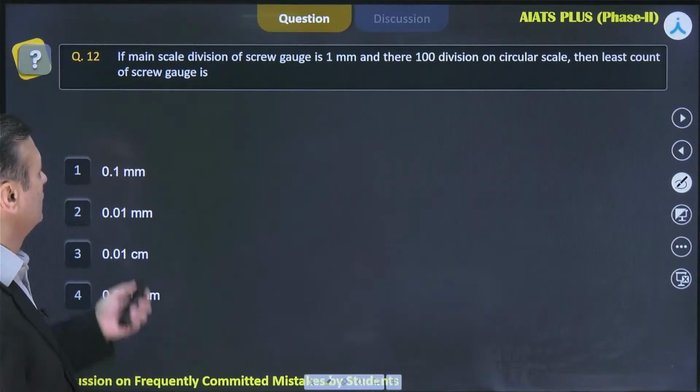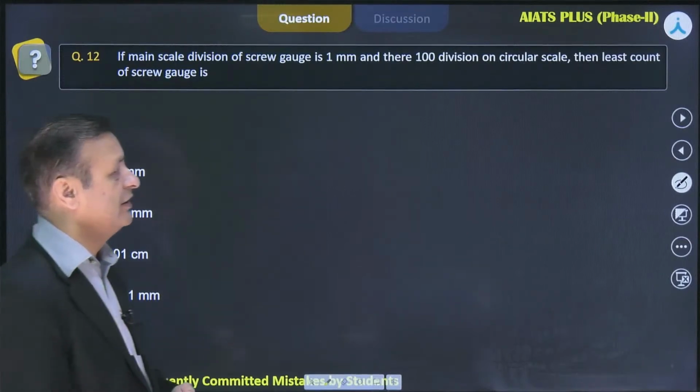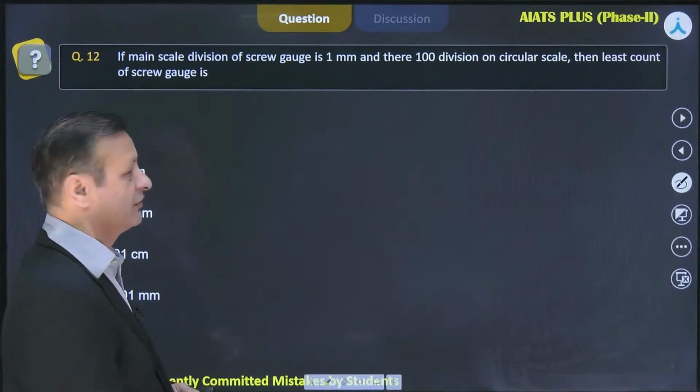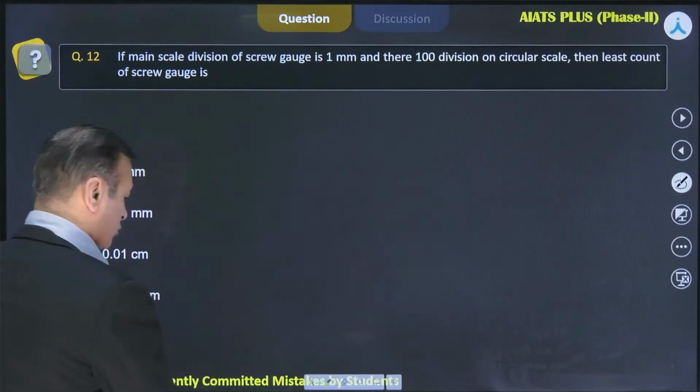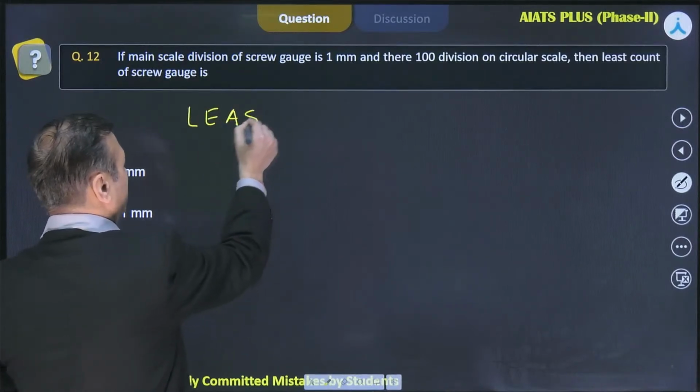The main scale division of the screw gauge is 1 millimeter, and there are 100 divisions on the circular scale. Then what is the least count of the screw gauge? First, I think most of you understand this word least count.